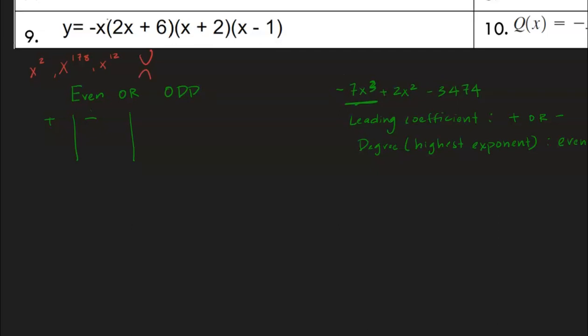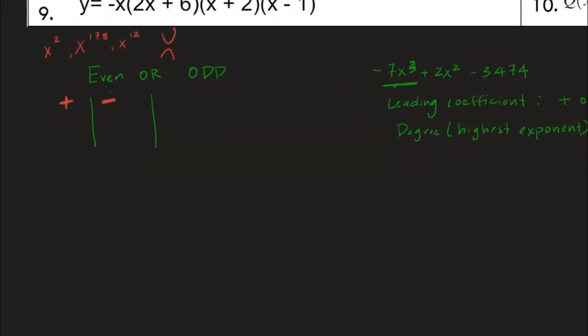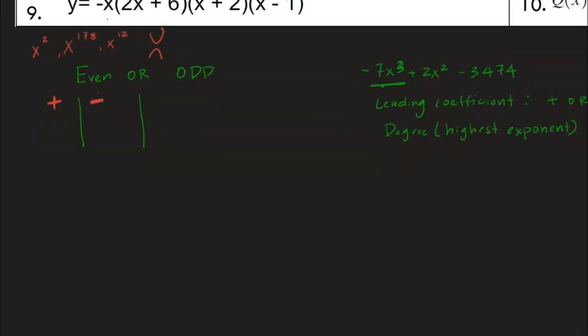And the end behavior, just the ends, are going to look like a quadratic. So in a quadratic, if the leading coefficient was a positive, then the ends would have looked like that, right? It opens up or concave up.